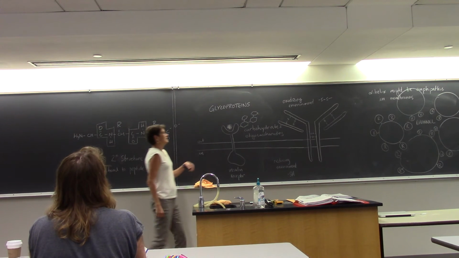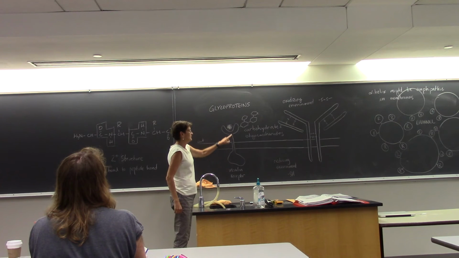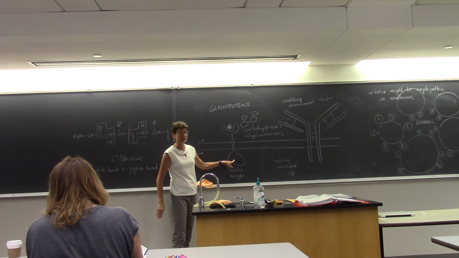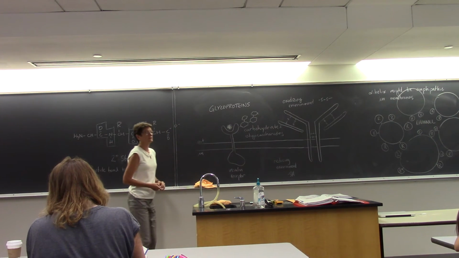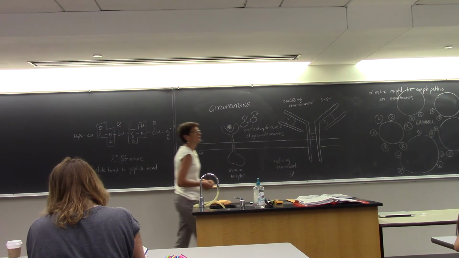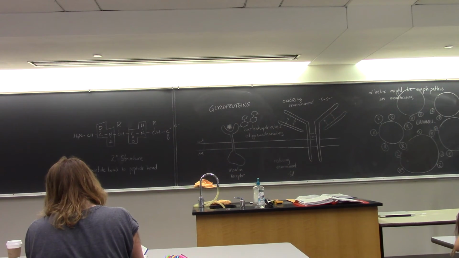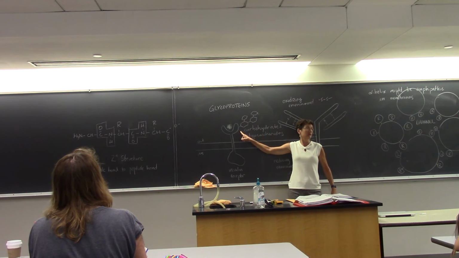So, like all water-soluble hormones, the binding of the hormone to the receptor activates some domain down here on the cytoplasmic surface that then initiates the changes in cell physiology. So the receptor is actually outside, not inside. It's both. The receptor binding site is outside the cell.